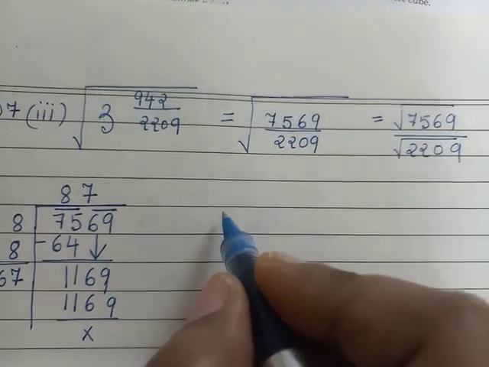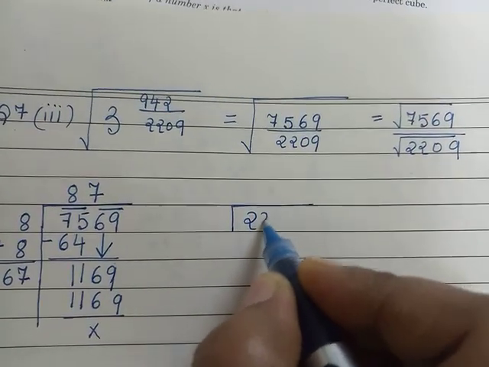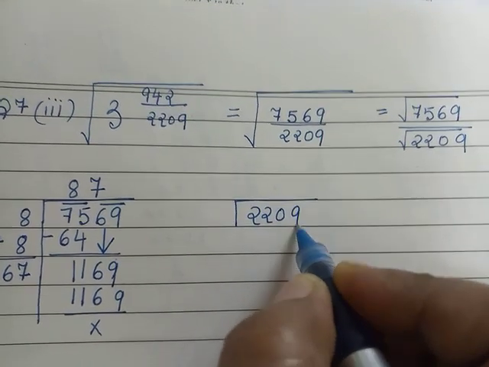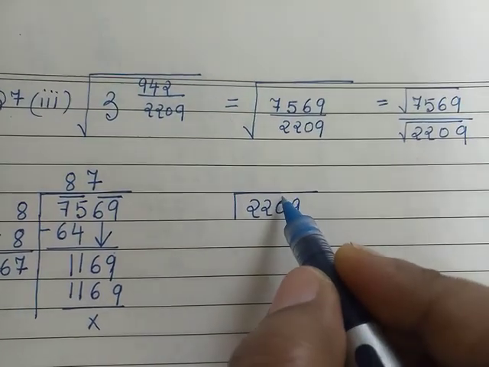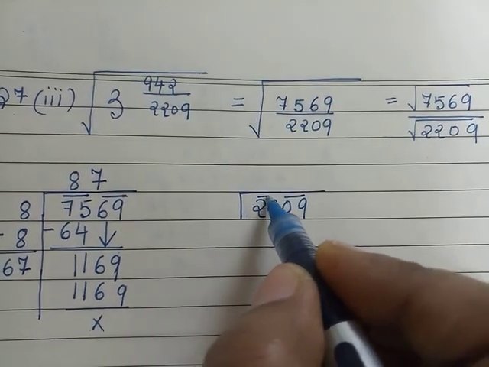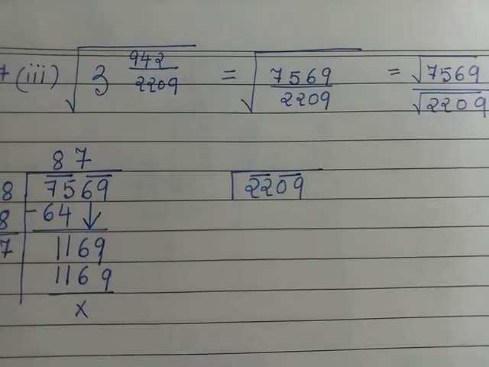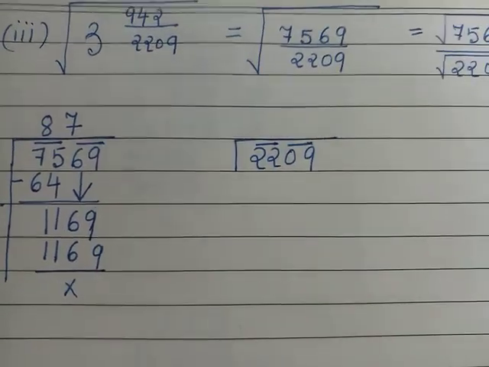Then we find the square root of 2209. First thing that we are going to do is making the periods starting from the right side. Now think of any square number which is closest to 22.